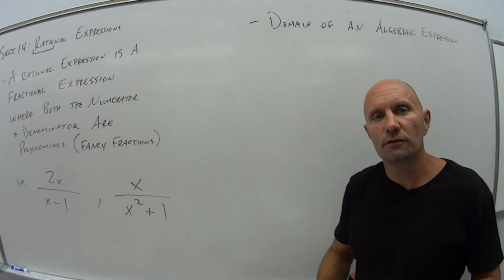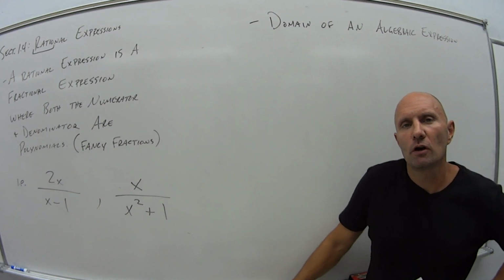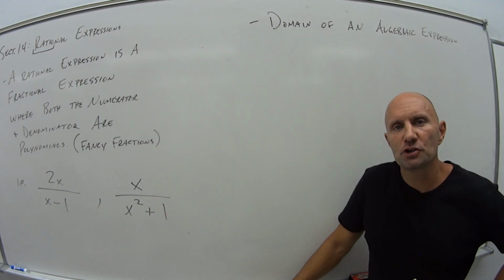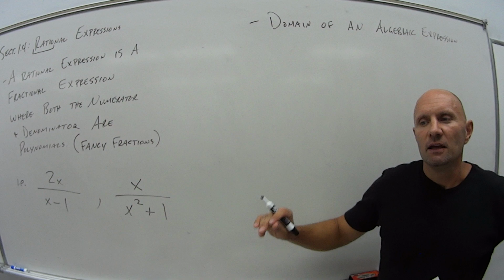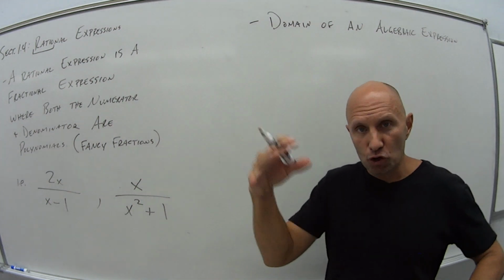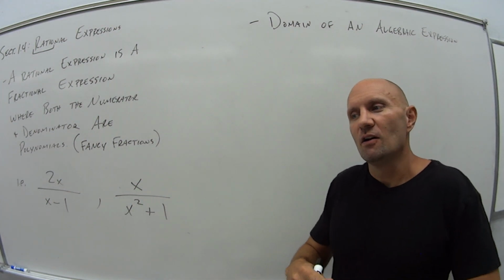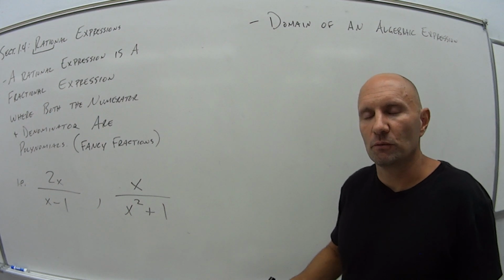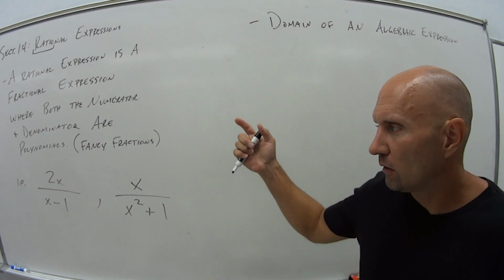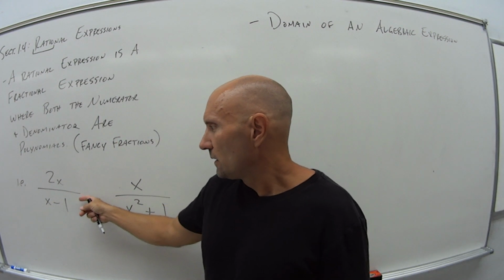So what is domain? What does that mean? When we're talking about the domain of an algebraic expression, the domain is all the values that we could put into the expression without causing big problems. What do I mean by big problems? Well, let's look at this guy.